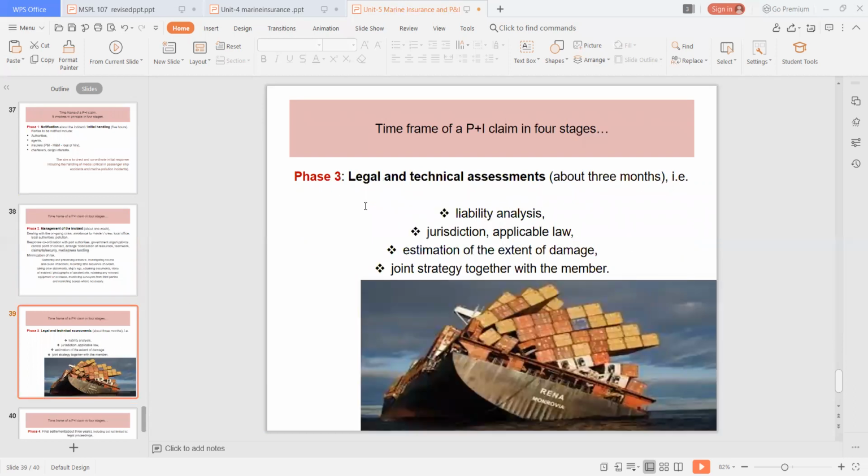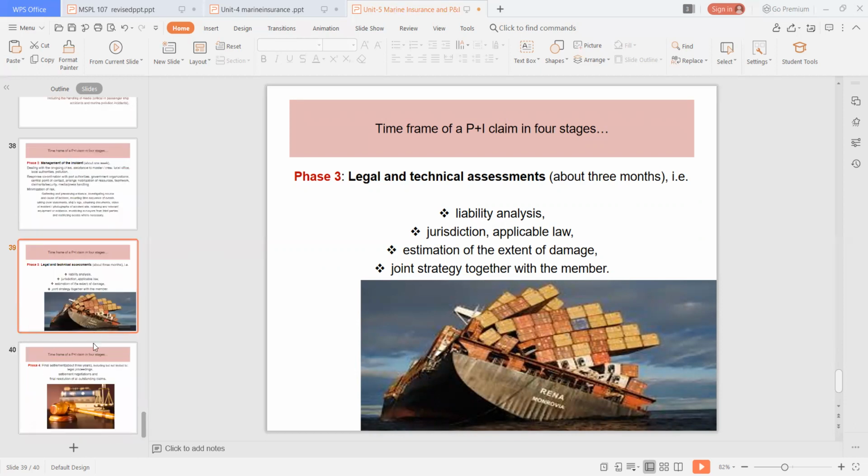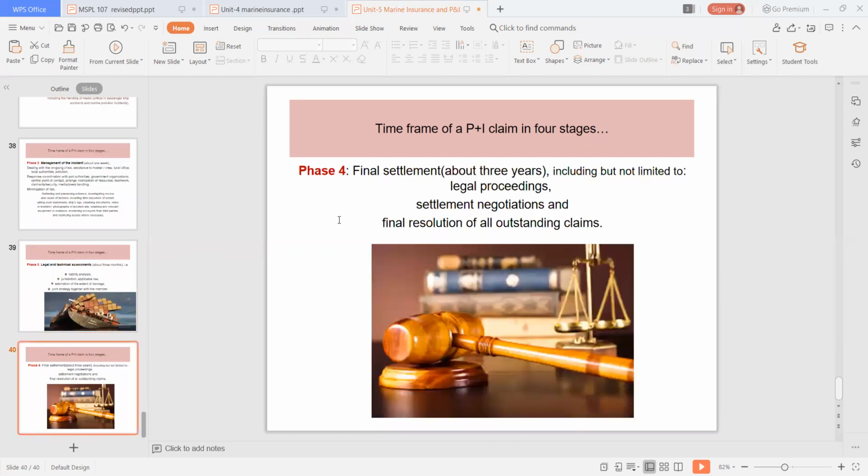Phase 3, legal and technical assessments, about 3 months: liability analysis, jurisdiction, applicable law, estimation of the extent of damage, joint strategy together with the member. See that? Phase 4, final settlement, about 3 years, including but not limited to legal proceedings, settlement negotiations, and final resolution of all outstanding claims.